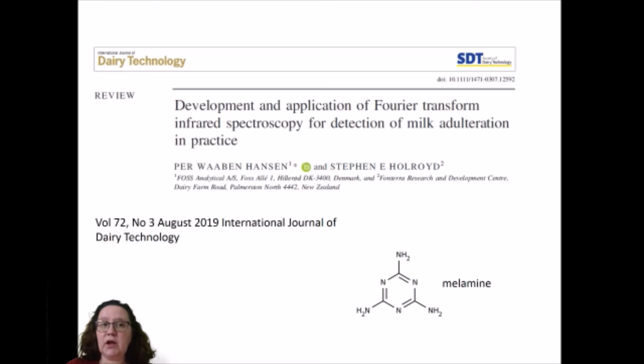Here are just a couple of examples of the use of infrared spectroscopy in current research. This paper from 2019 talks about how Fourier transform infrared spectroscopy, which is the technique we're going to be discussing in these videos, can identify adulterated milk by identifying the compound melamine in milk.